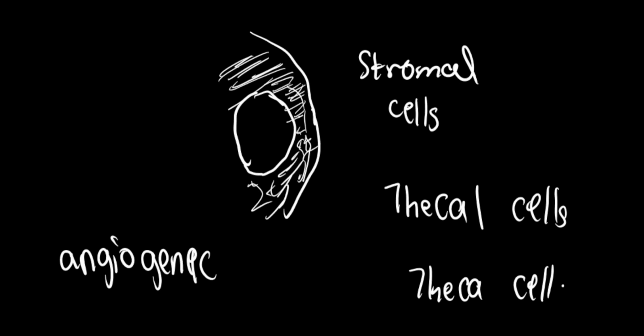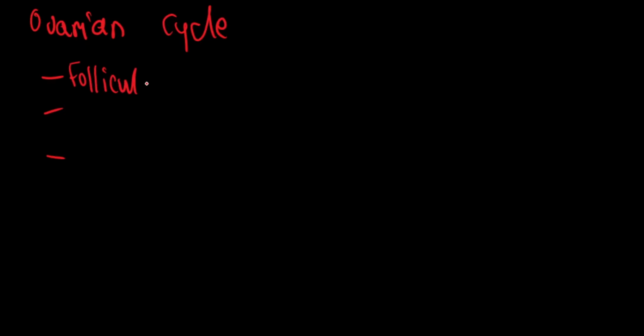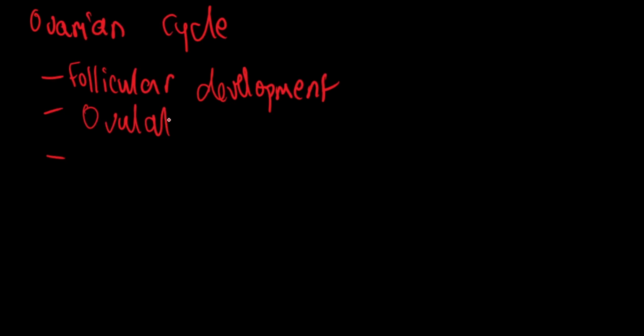All right, just as a brief overview, we have been taking a look at the ovarian cycle, and we said there are three main processes that take place in it. First, follicular development, or the development of the ovarian follicles. Next is ovulation, which we haven't looked at yet.